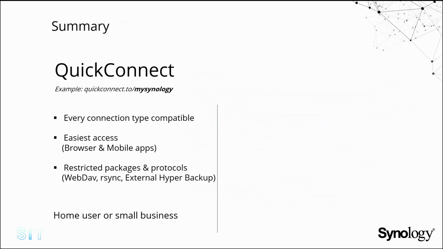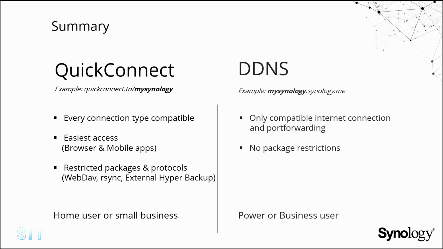QuickConnect is compatible with all internet connections and allows easy access to most of DSM's web services, which we can then access through the browser or Synology mobile apps. However, there are limitations in protocols and some DSM packages. For example, we couldn't realize WebDAV, rsync, or external backup to another NAS via Hyper Backup with QuickConnect.